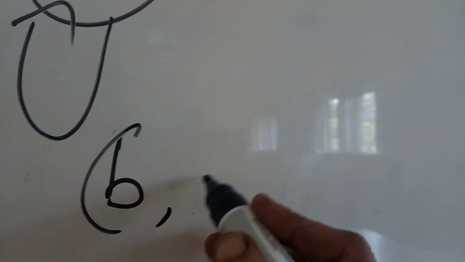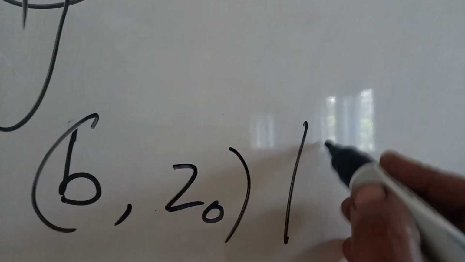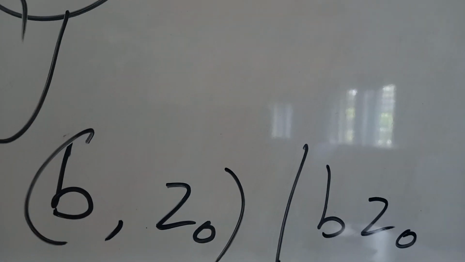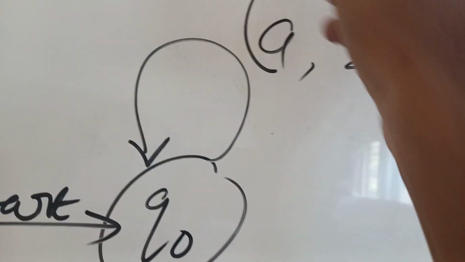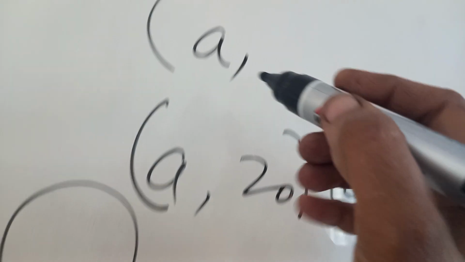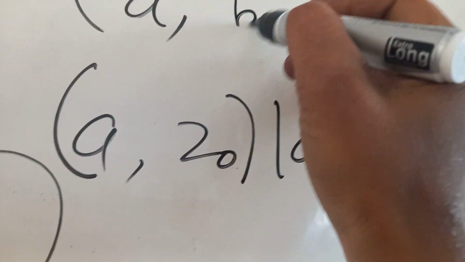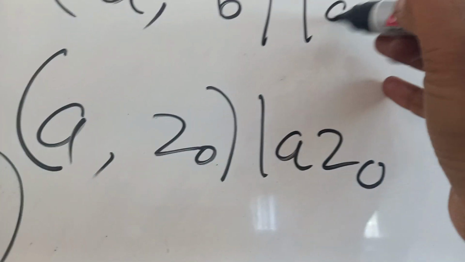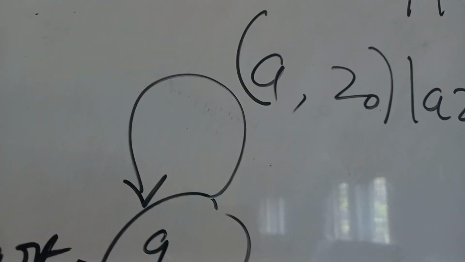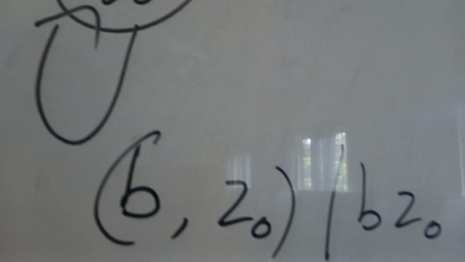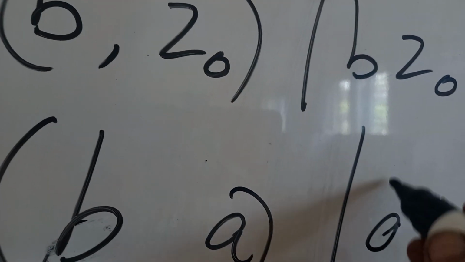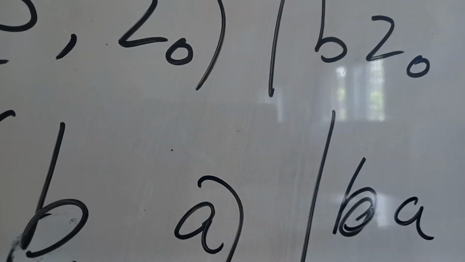Similarly, the string can start with a B, and if the top of the stack is Z0, we will simply push that onto the stack. Next, if the input symbol is A and the top of the stack is B, we have to push that onto the stack. Similarly, if the input symbol is B and the top of the stack is A, we have to push that onto the stack.